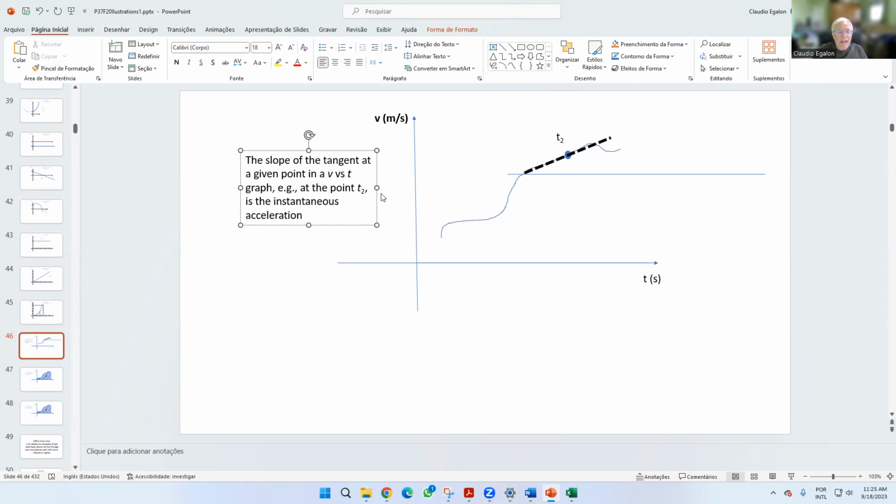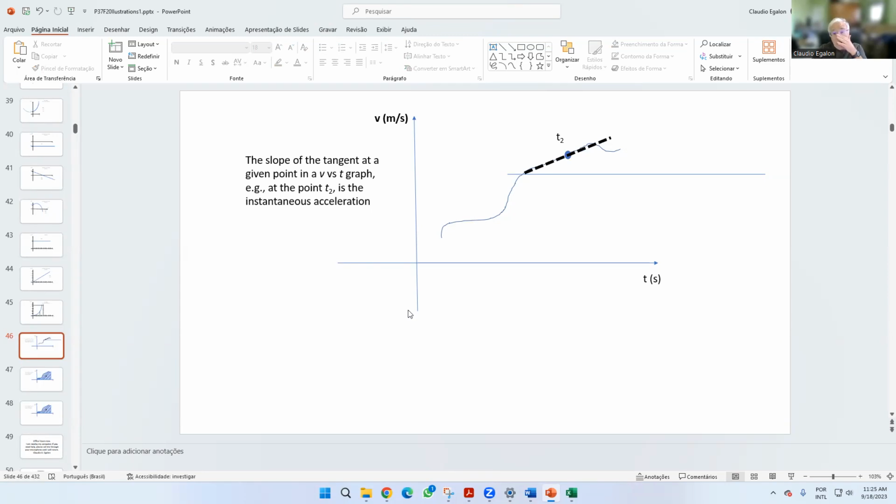Okay? Like that. But there is more. It's not just that. We're talking about just the slope.